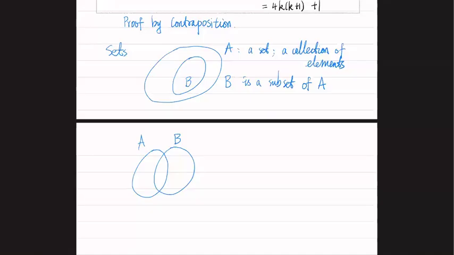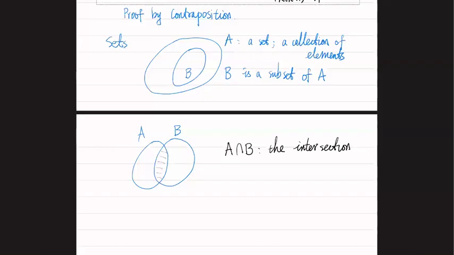It's not a subset, but we can consider the intersection. We use the notation for this: A, the intersection. For example, A consists of the real numbers, and B consists of the real numbers.